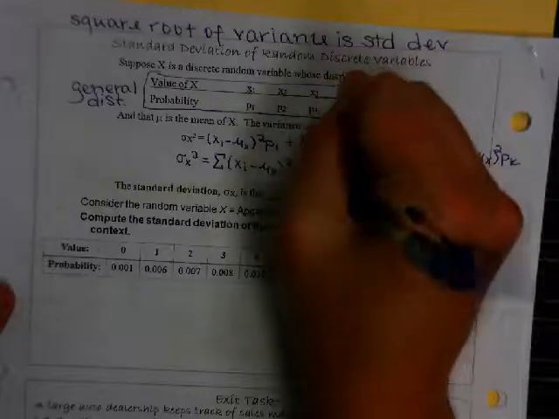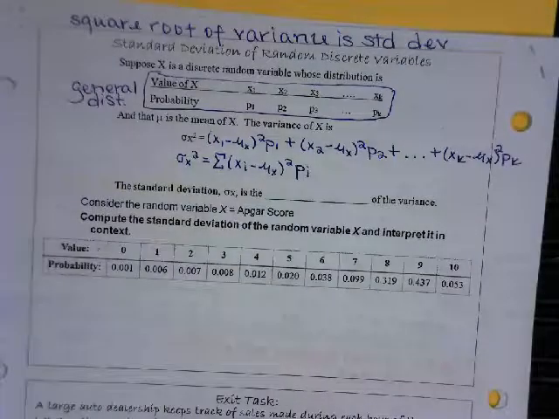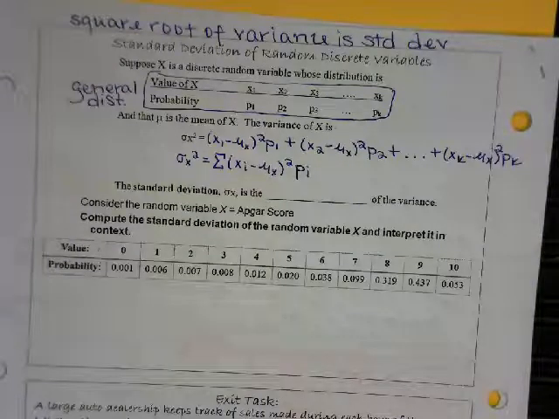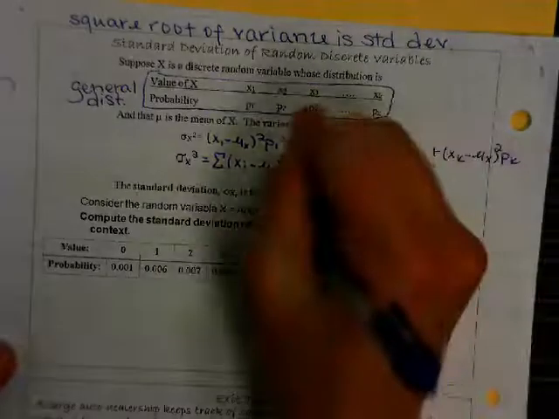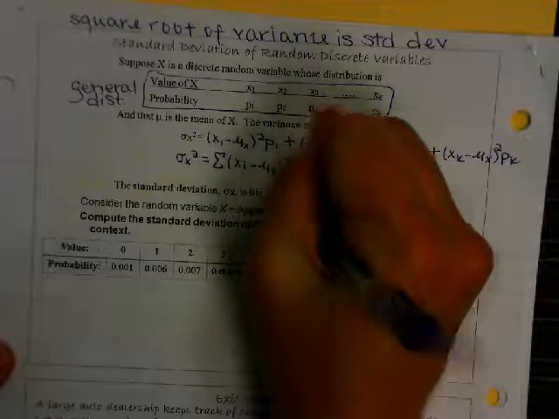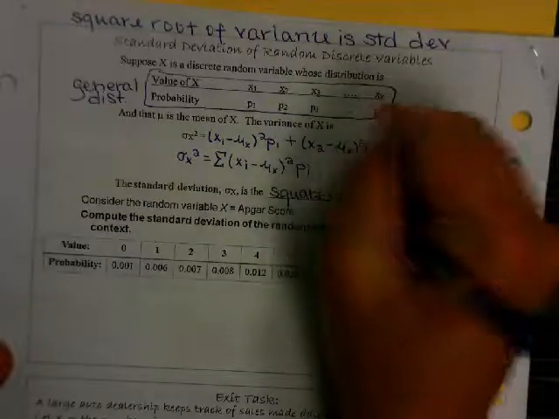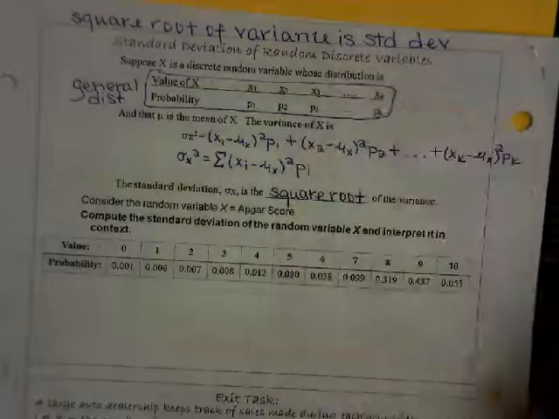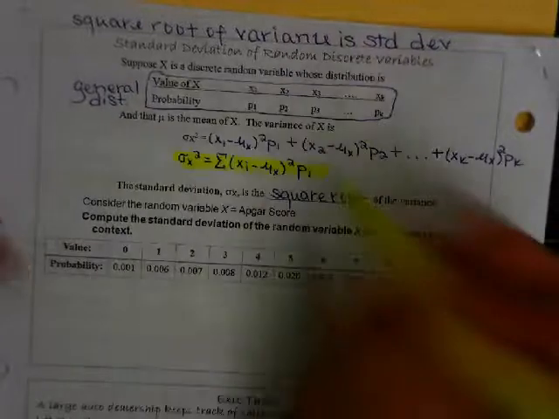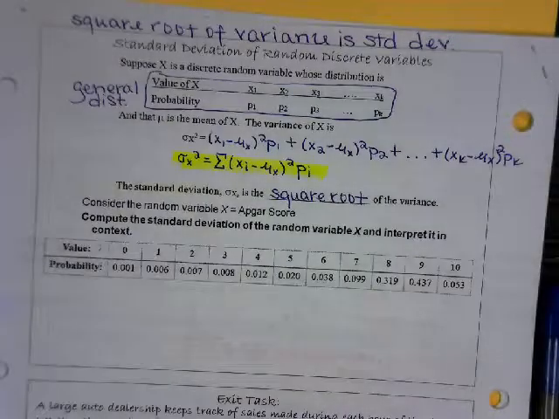Now, for some reason, they don't give it as a standard deviation formula. This is the formula you would see on the formula sheet. You would need to know that to get the standard deviation, because that's what they would ask for, you would have to square root. I like to write it, but they don't give it on the formula sheet.